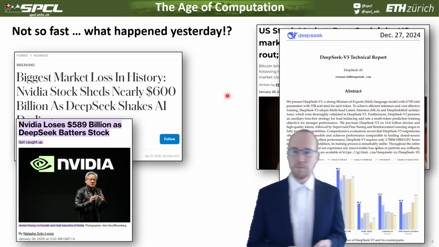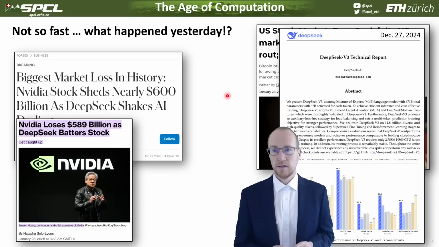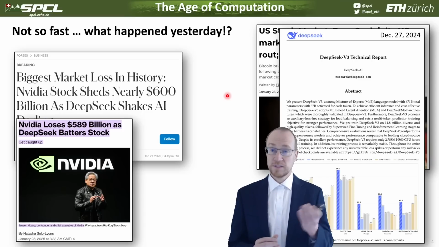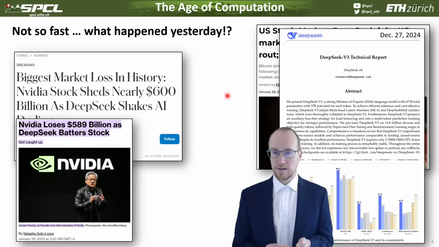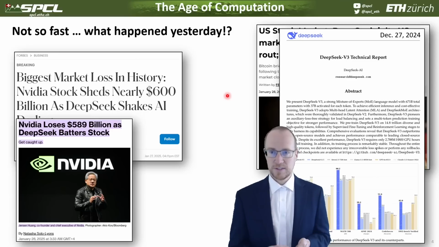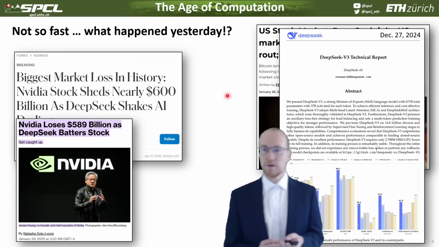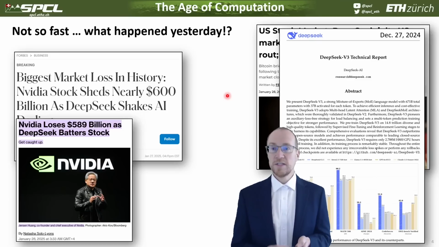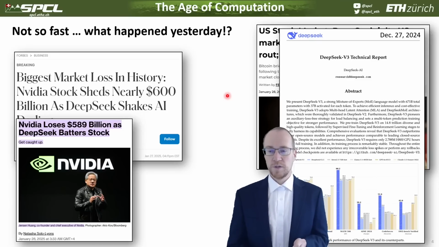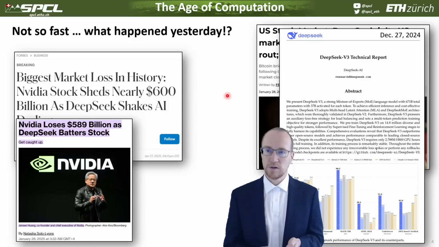Well, actually, on December 27th, more than a month ago already, before this happened, DeepSeek published a model called DeepSeek V3, with a technical report, and it showed that it was basically on par with GPT-4. A couple of weeks later, right before the crash, DeepSeek published a reasoning model, which showed to be relatively similar to GPT-o1, the new reasoning model of OpenAI.